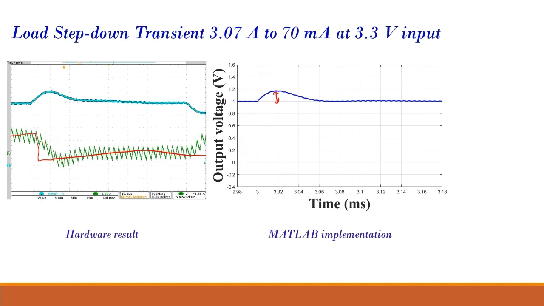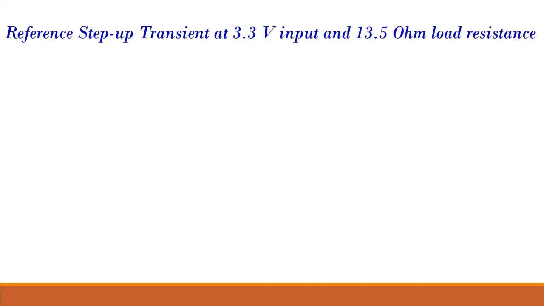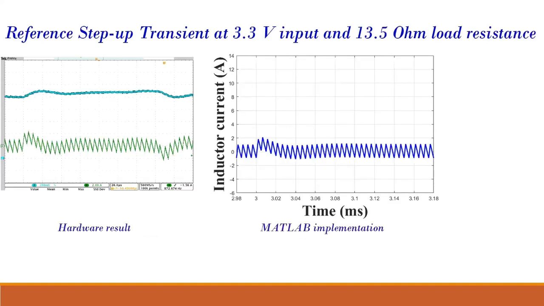And because of that, there is this rise in your output voltage and finally it gets regulated back. Alright. So any queries in this about the load transient? Okay, so I'll proceed. Now we'll do a reference transient.